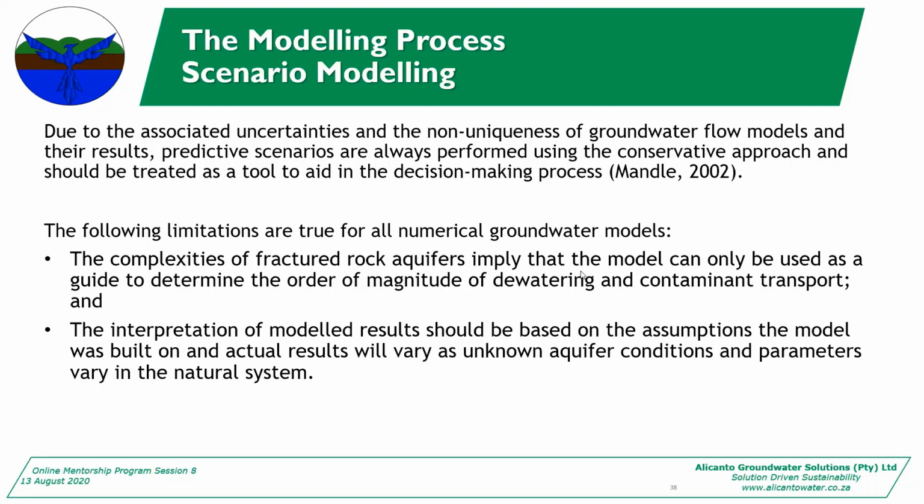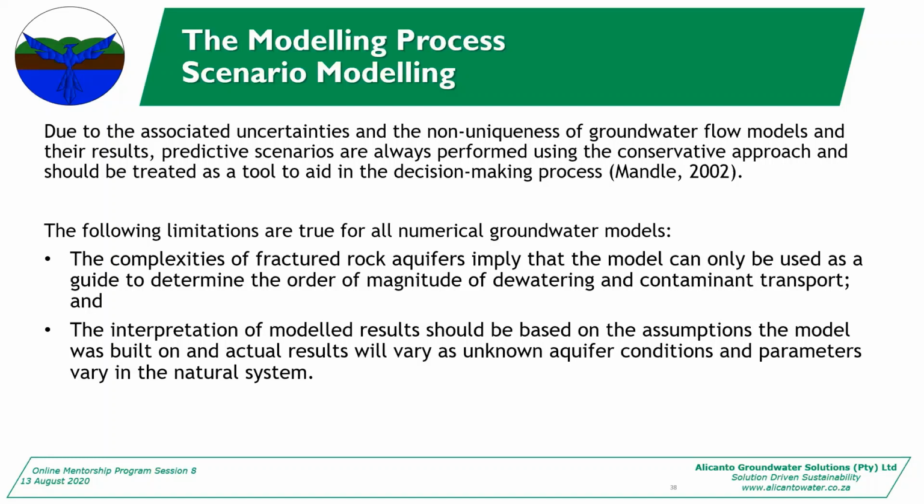These limitations are true for all of your numerical groundwater models. Complexities of fractured rock aquifers imply that the model can only be used as a guide to determine the order of magnitude of dewatering and contaminant transport. You cannot model every single fracture. There are stochastic models that generate your fractures, but it's impossible to model every single one.